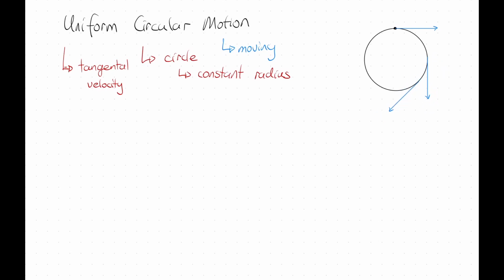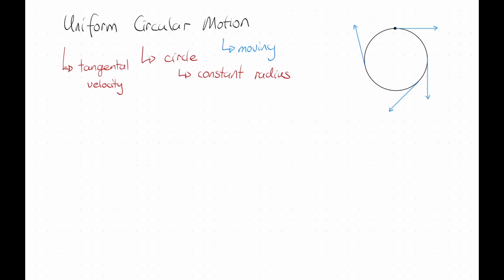I would be able to duplicate it, put it there. All of their tangential velocities are going to be the same. What is changing, though, is the direction, right? So that's what we mean by its tangential velocity is going to be the same. It's pointing with the same velocity tangentially from every point on the circle.